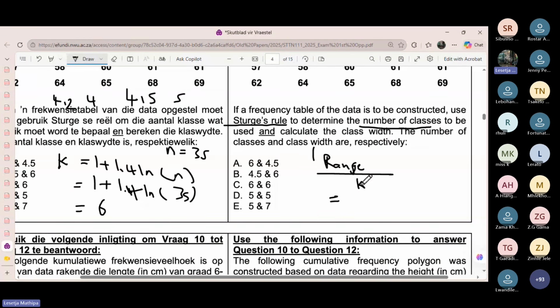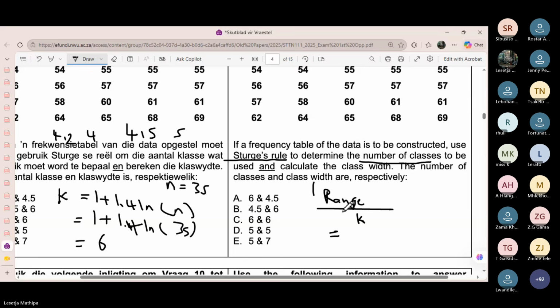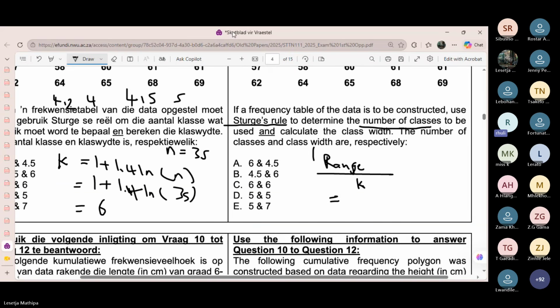Then now you can calculate the range, the maximum minus the minimum. And you're going to check the answer. So when you say 69 minus the smallest number, then what do you get as the range? 27. The range is 27.